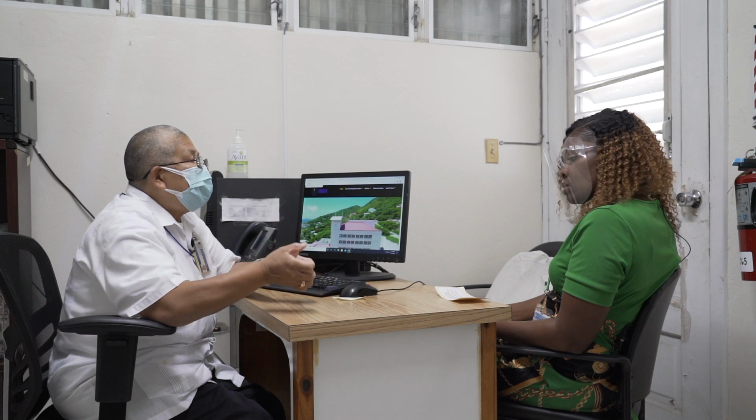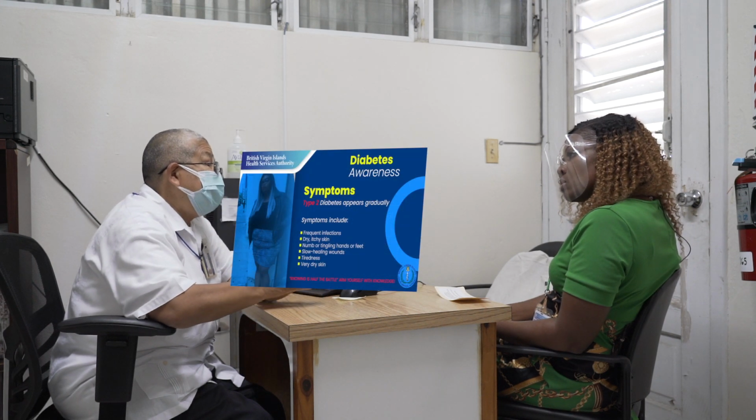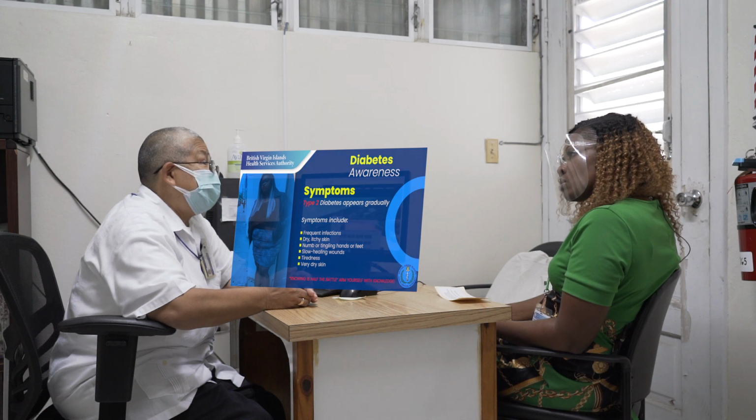And so we get a circle, and that also reminds me of the symbol of diabetes, which is a blue circle. That circle symbolizes unity, and unity is strength. So family plays a great part in the management of diabetes.